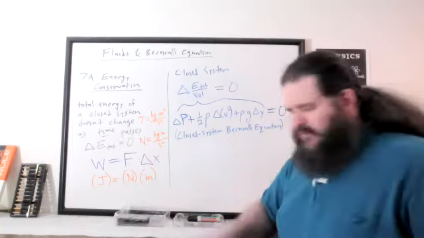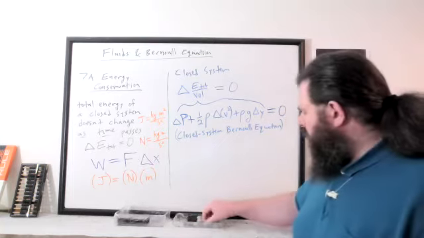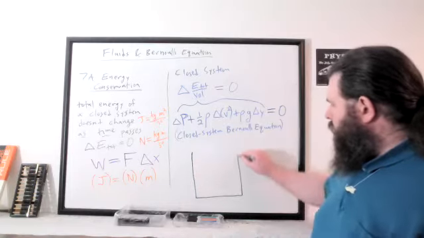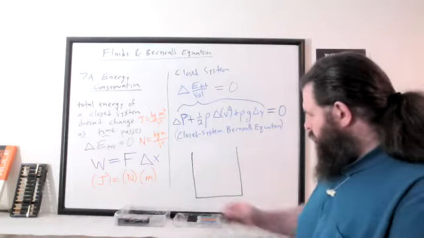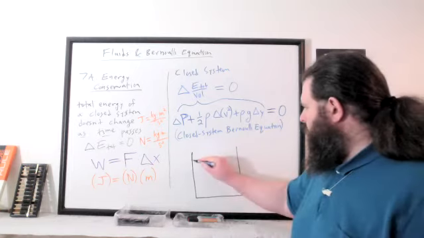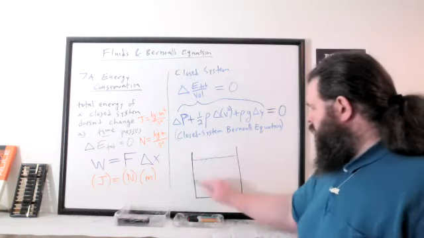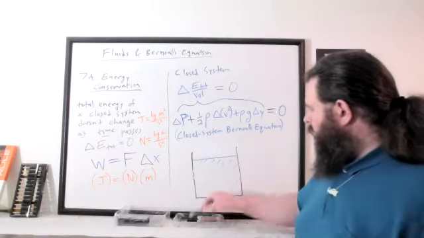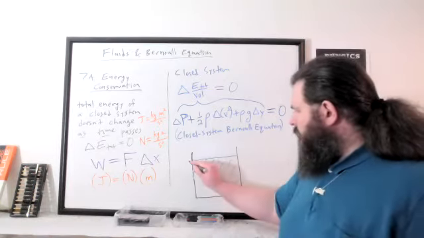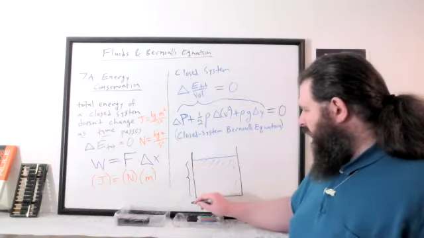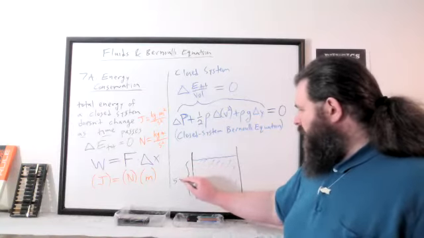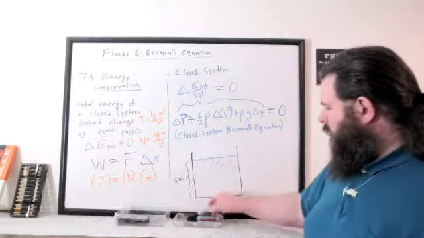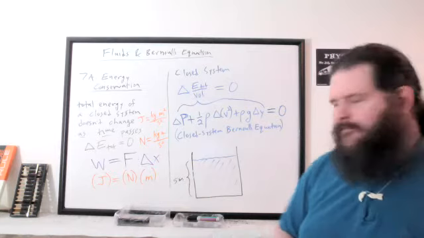If you're comparing 2 locations in, let's say you just got a tank of water. And let's say it is some number of meters deep, let's say 5 meters deep. And you want to find the pressure at the bottom.